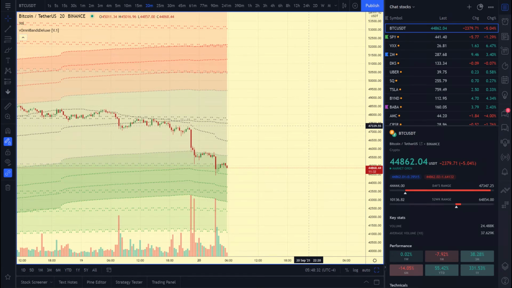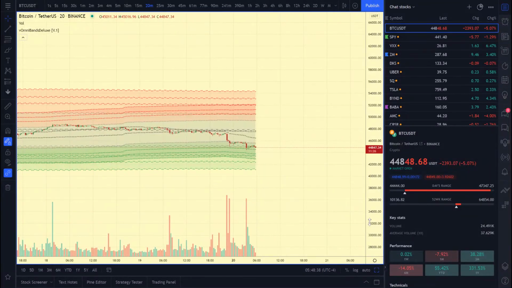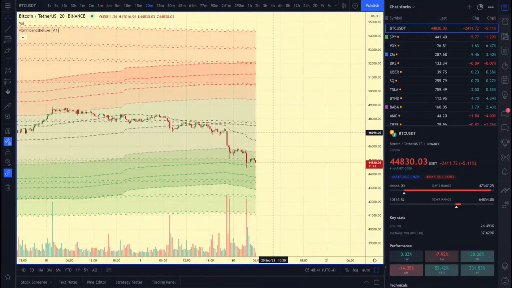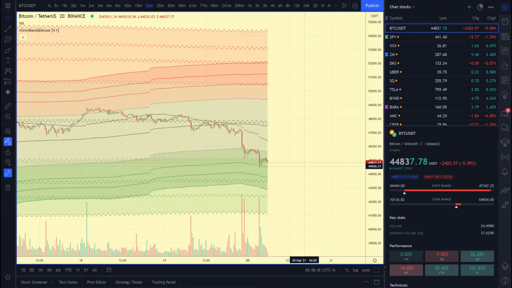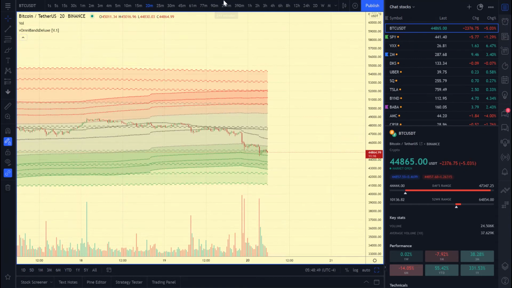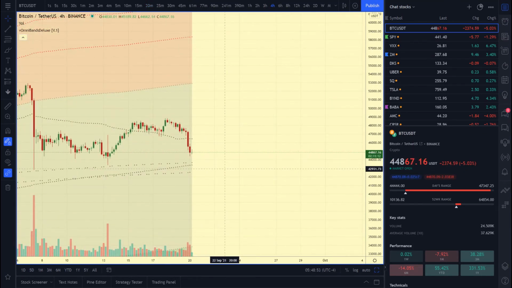So now is Bitcoin going to go down to 39,000? And SPY, because SPY went lower. So I wouldn't trust buying Bitcoin right now either. And a big critical level for it is 42,000.